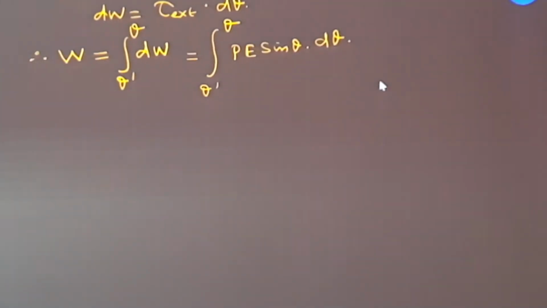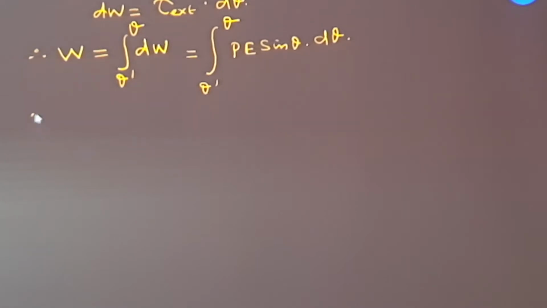How to get the final answer? You see, in the work done W, P is the dipole moment, which is a constant, as well as the applied electrical field E is a constant, which cannot be integrated. So we are taking P and E out. Sin theta d theta, when integrated, gives minus cos theta. And when applying the limits, the initial limit is theta dash and the final limit is theta.